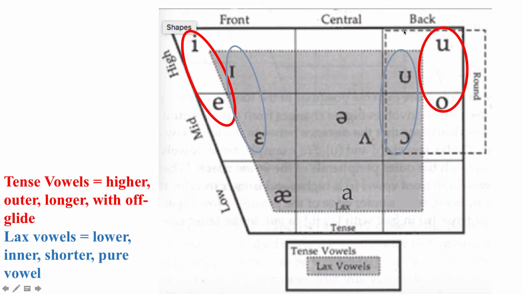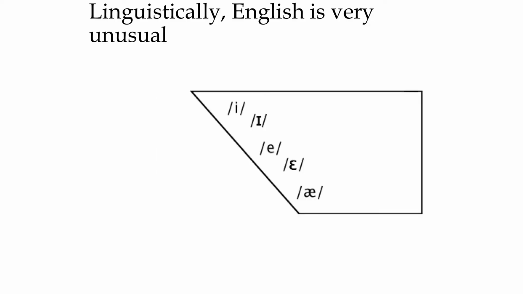But this combination of lowness, a little bit more central, is what we call tense versus lax distinctions. And there are very few languages in the world that make this distinction between tense versus lax vowels. So this is very difficult for English learners who at least want to have a standard American or a standard British accent to get correctly, because it's not a contrast that's used very often in the languages of the world.